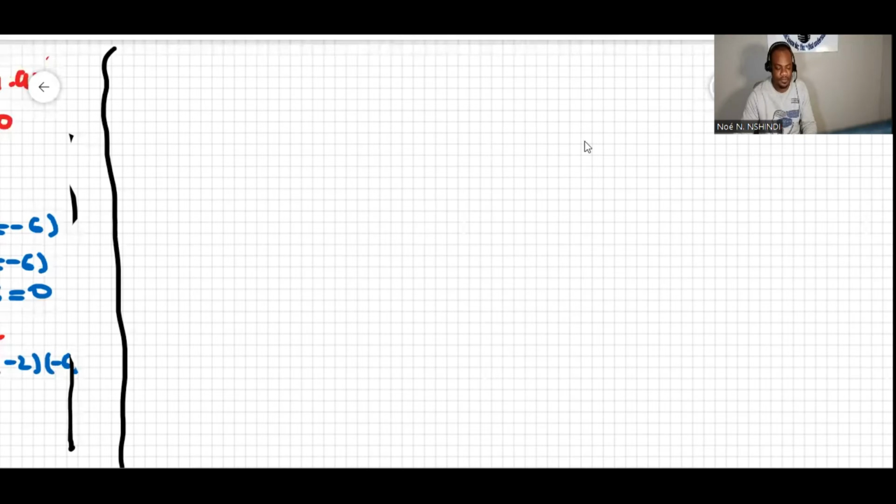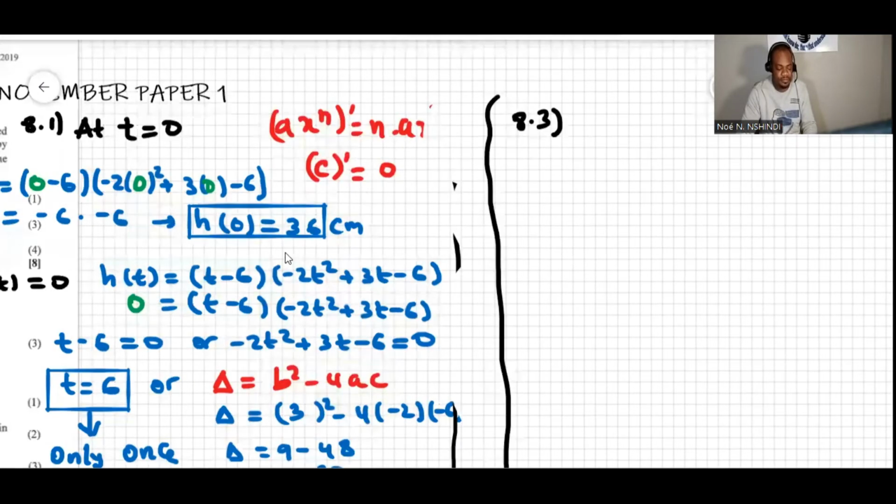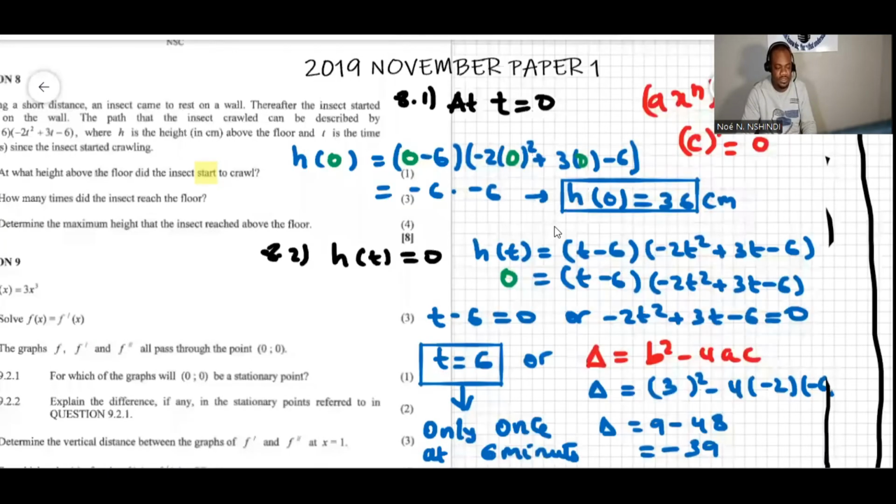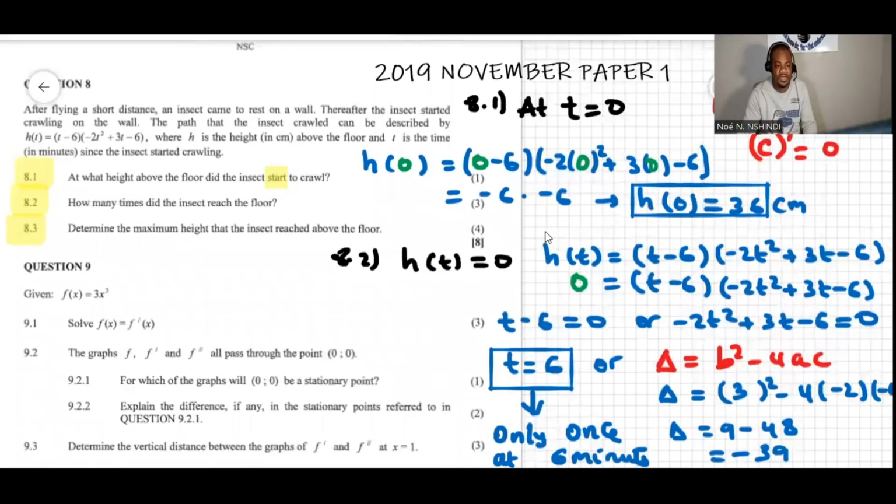Another question here, question 8.3. The question says: determine the maximum height that the insect reaches above the floor.